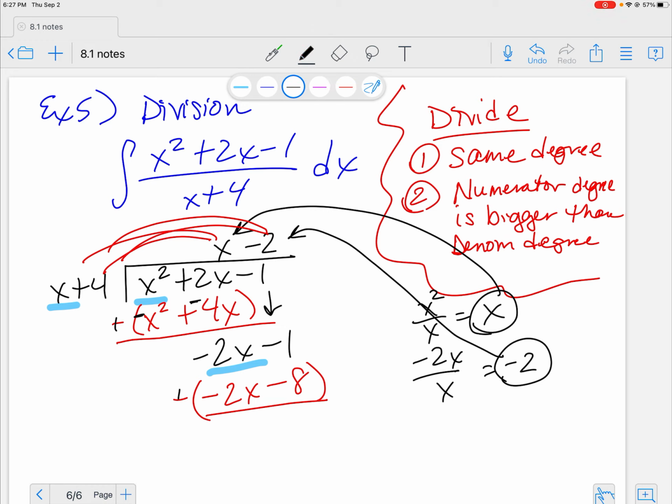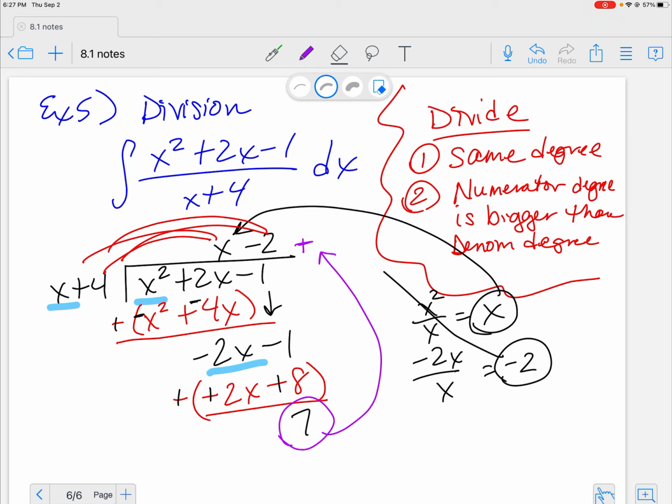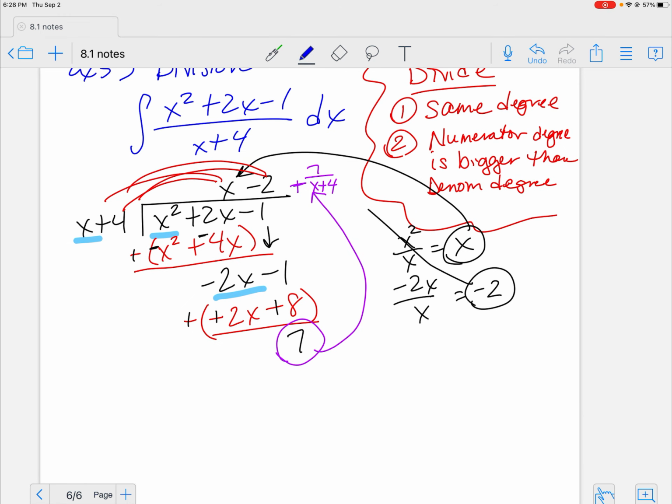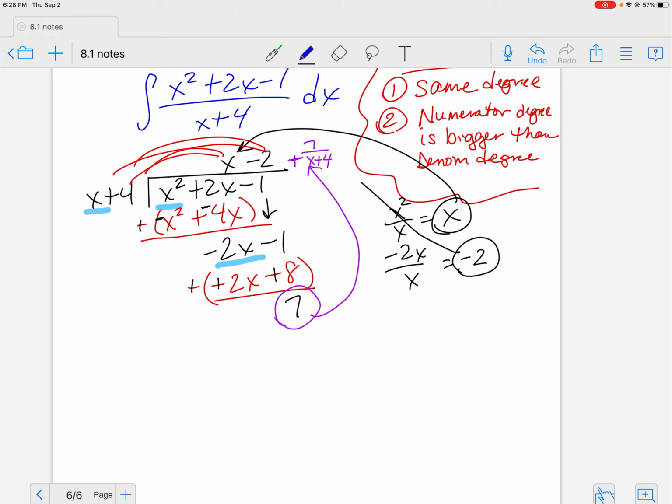And subtract that. You add the opposite and you come up with 7. When you have this 7 as your remainder, it's positive, so I'm going to put plus, and I'm going to get rid of this here because that's just in the way. Plus 7 over the divisor. Now I have something we can easily integrate. I've just rewritten the division, so I have the integral of x minus 2 plus 7 over x plus 4 dx.